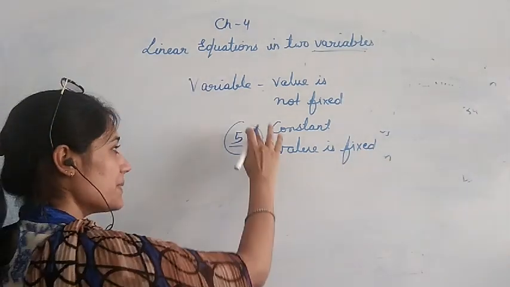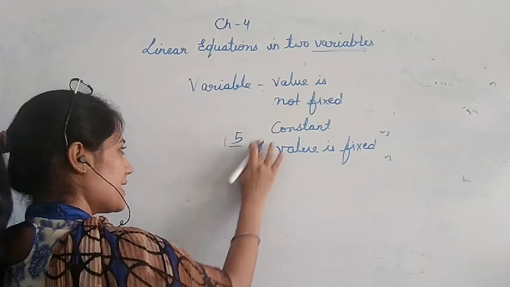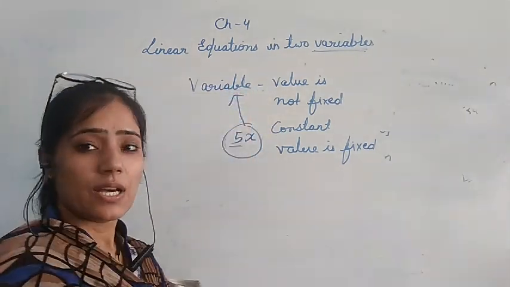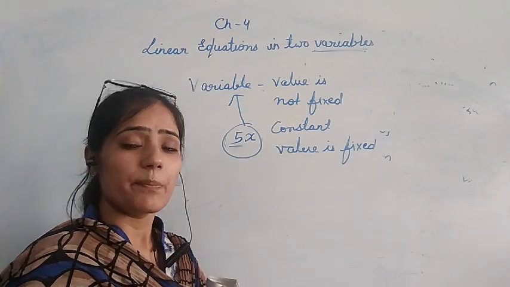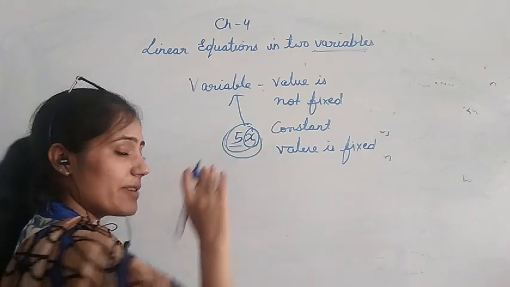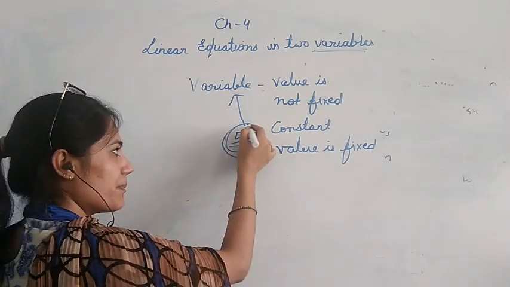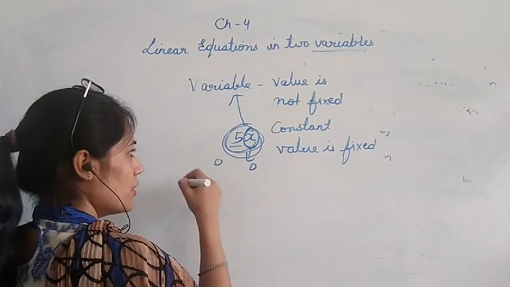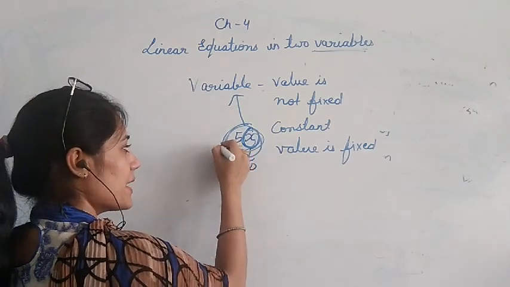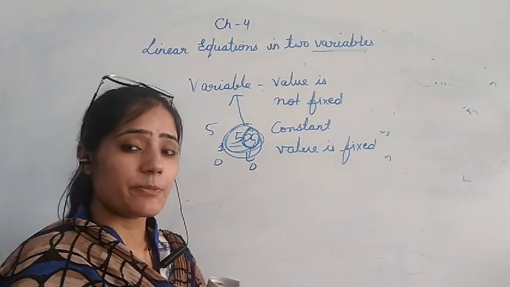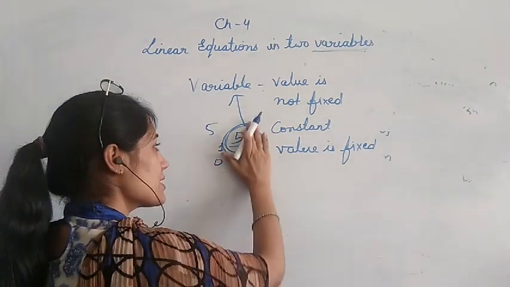But at the place of 5, if I am writing 5x, now this is known as variable. Why? Because if I am changing the x value, then 5x value will be changed. If I put x as 0, the value of 5x is 0. If I put x as 1, the value of 5x is 5.